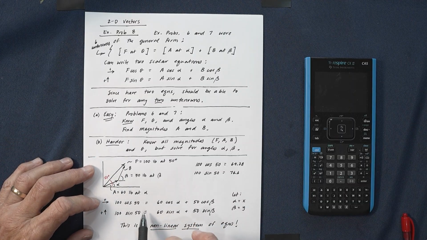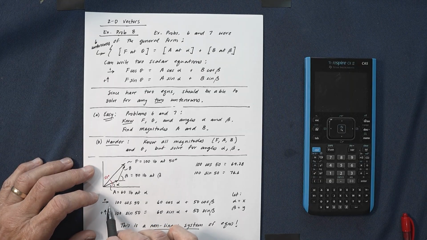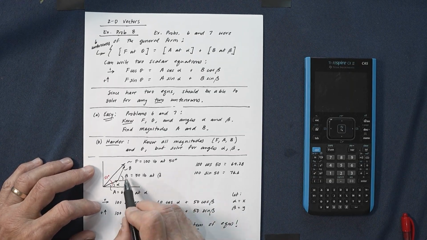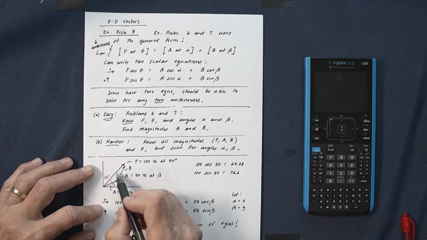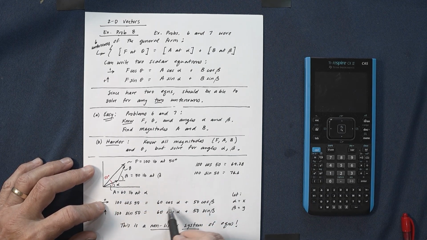So going straight to my 2 equations approach, in the x direction, I have 100 cosine 50 is the x component, and that's equal to 60 cosine alpha plus 50 cosine beta.